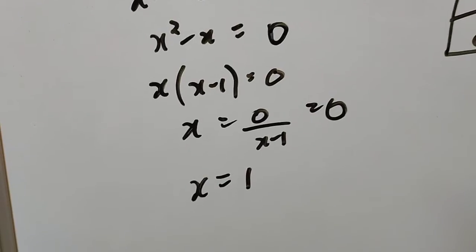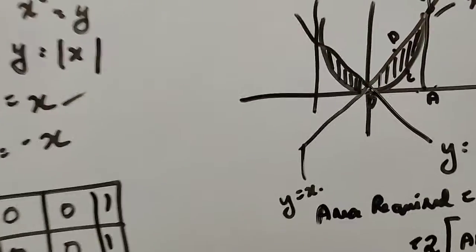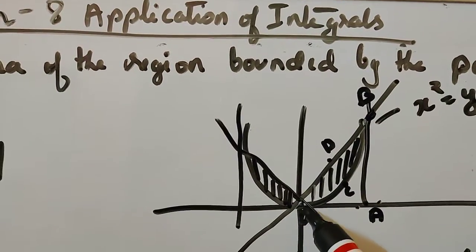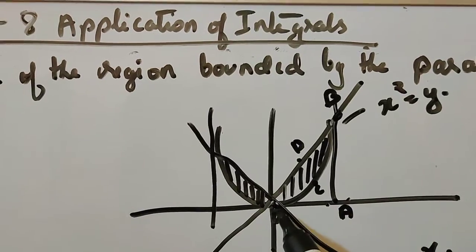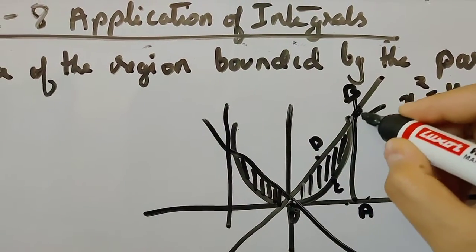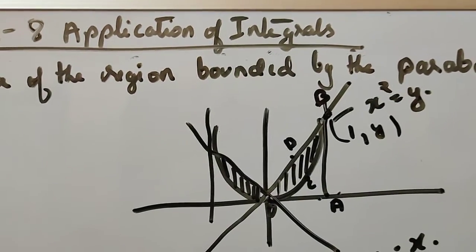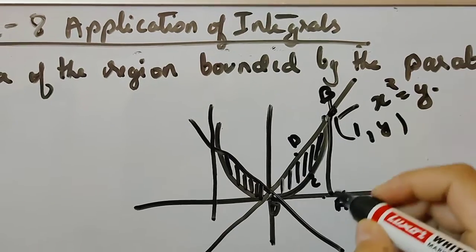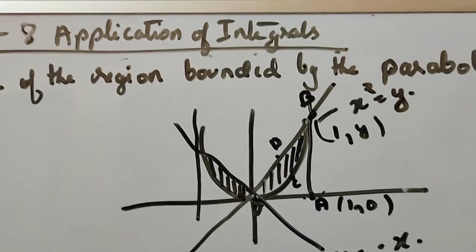So we have x equal to 0 and x equal to 1. But x cannot be 0 in this case because that is the origin, so x will be 1. I am going to consider this point as 1 comma y coordinate. I do not need the y coordinate. Since I got 1, this point is 1 comma 0.